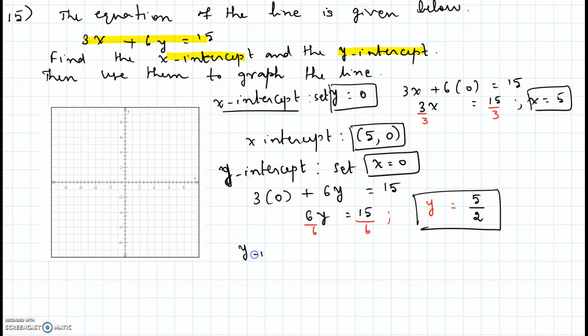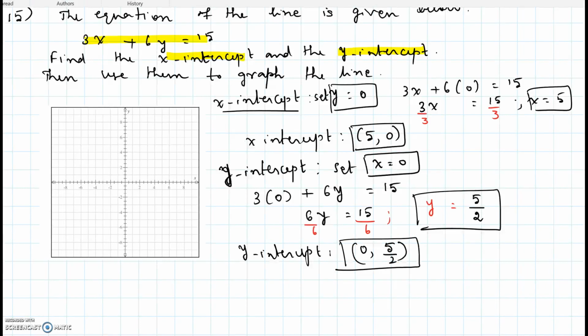So in other words, the y-intercept is the point (0, 5 halves). So we've already found the x-intercept, which is (5, 0). We have found the y-intercept, which is (0, 5 halves).